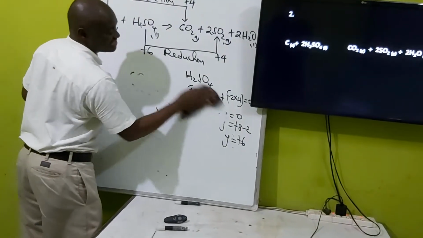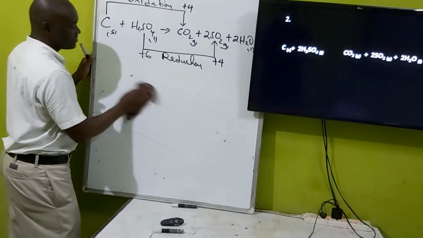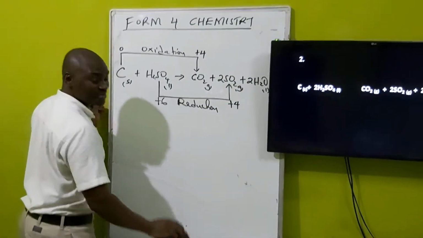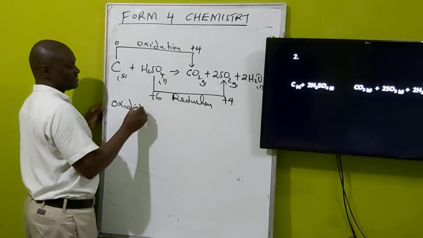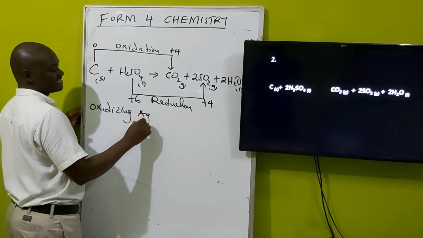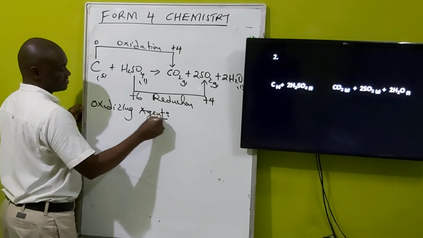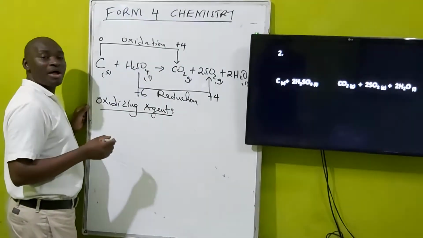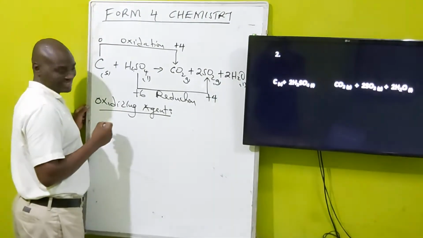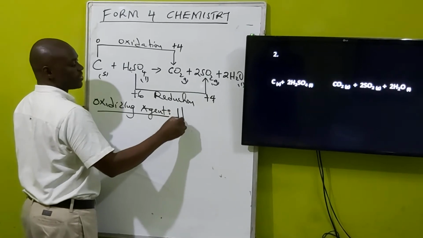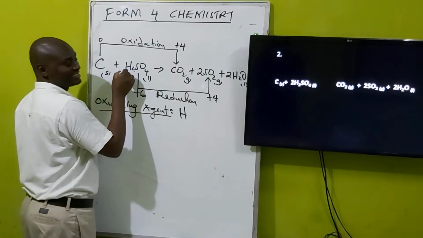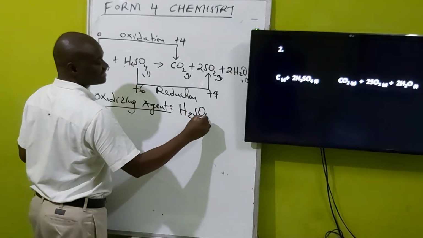After that, we can now identify oxidizing agents. The oxidizing agent is the one whose oxidation number decreases. +6 to +4 is a decrease. So our oxidizing agent is sulfuric 6 acid.